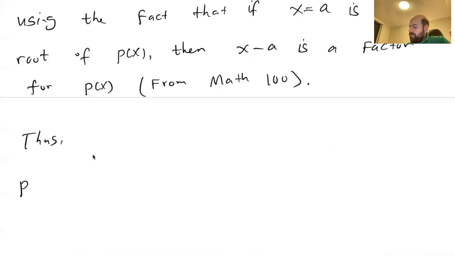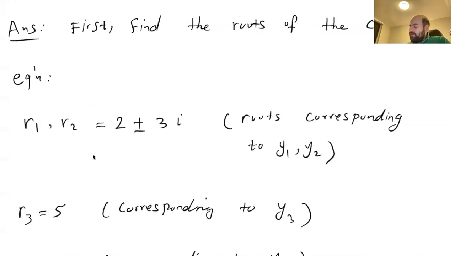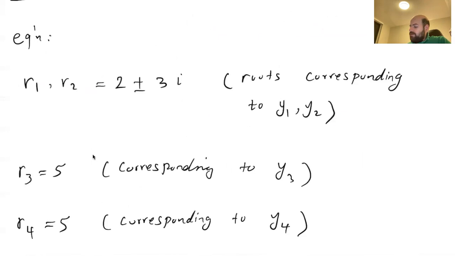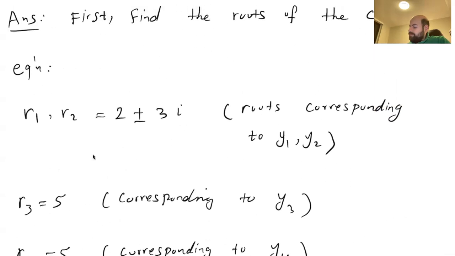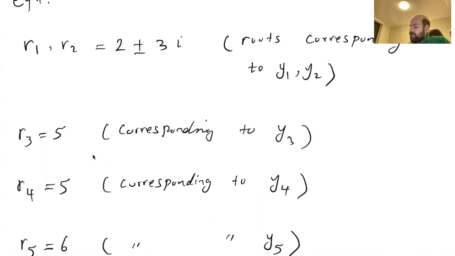So p of x will be, or let's say p of r, because normally we use the letter r instead of the letter x for the characteristic polynomial. So p of r will be r minus... the first two roots are 2 plus 3i and 2 minus 3i. So r minus 2 plus 3i times r minus 2 minus 3i. And then we have two roots of 5 and 5.